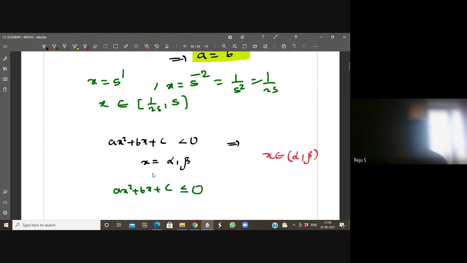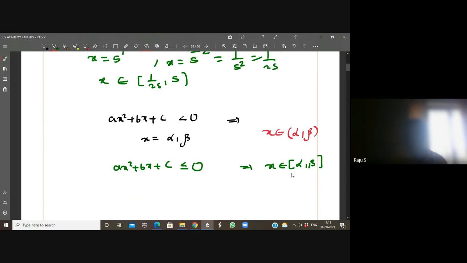This is a quadratic inequality with the same roots alpha comma beta, which implies x belongs to the closed interval alpha comma beta, the values of x from alpha to beta. And next, ax square plus bx plus c greater than 0, which implies x belongs to, look here.